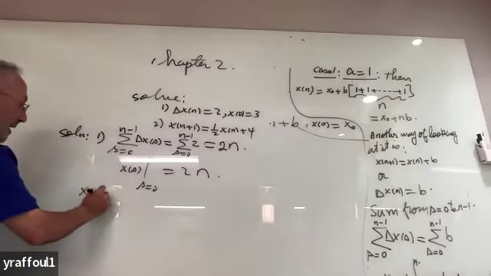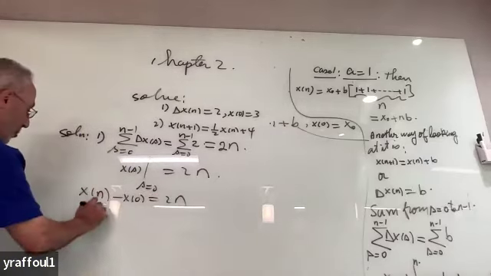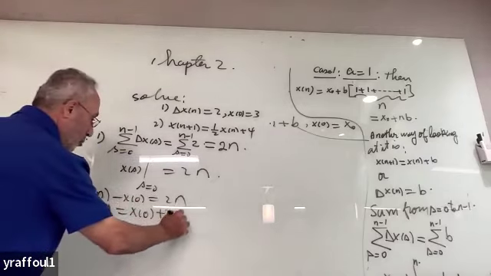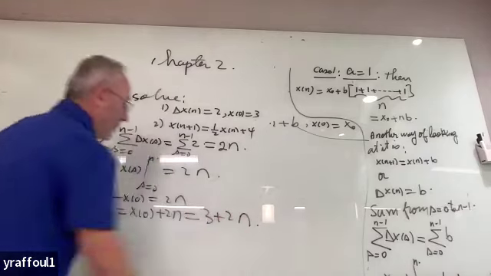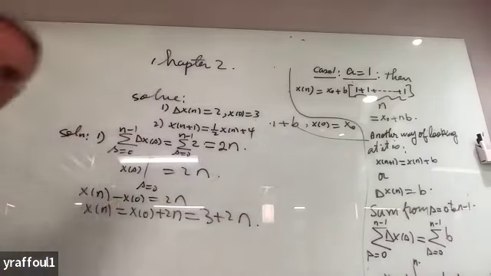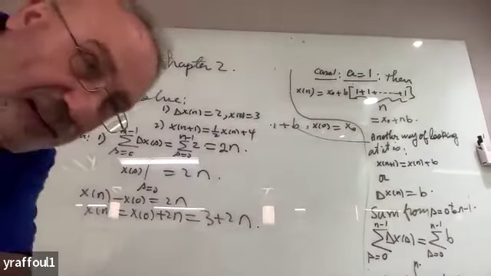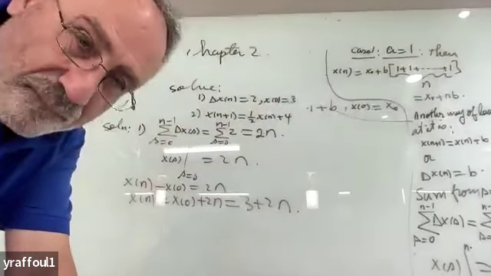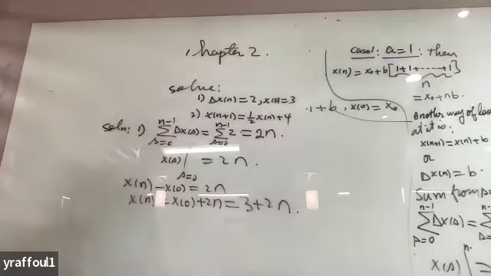So I'll have xn minus x0 equal 2n, or xn equal x0 plus 2n, and that is 3 plus 2n. So that is the solution. Okay, any question about this one?